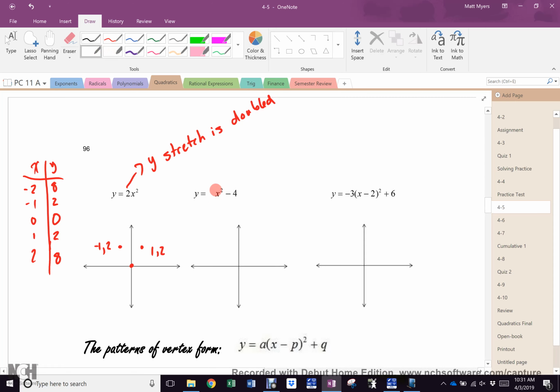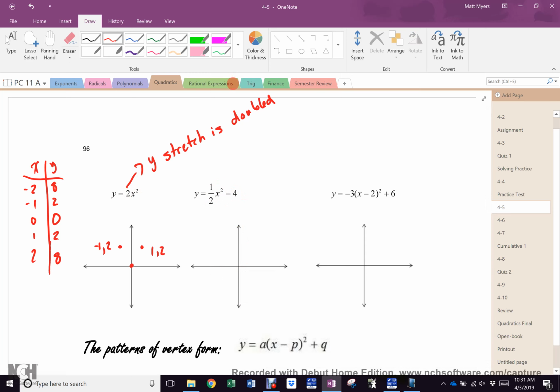Now, again, very intelligent young people. If that's not there, what does our graph do? It would go down 4, yes? All right. But that is there. If a 2 doubles it, what will a half do? Half it.